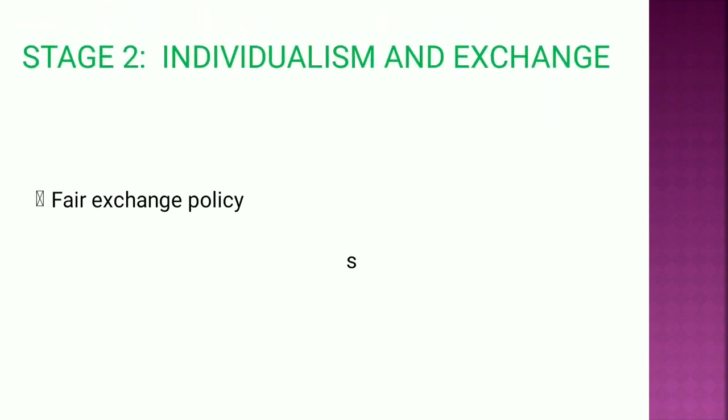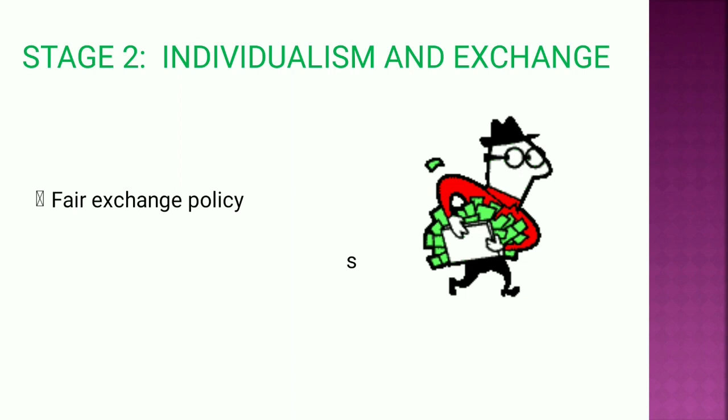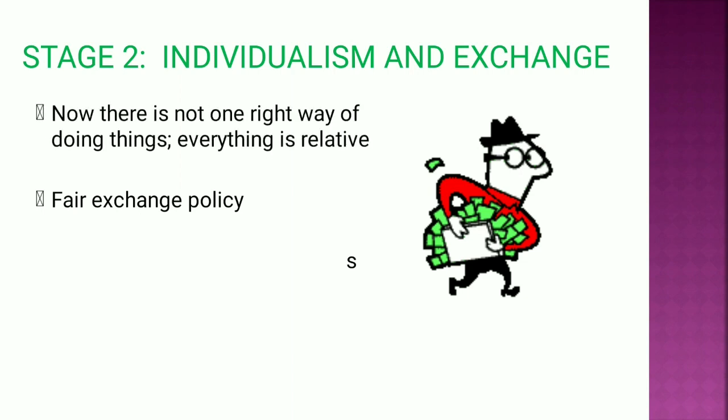Next comes stage 2, which deals with individualism and exchange. Usually there is no proper way of deciding what is right or wrong. Based upon each person's perspective, they may think they are right, but from others' point of view, the thing done by that person is wrong. So there is not one right way of doing things.